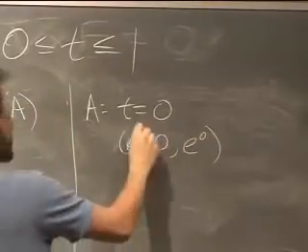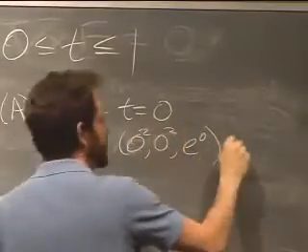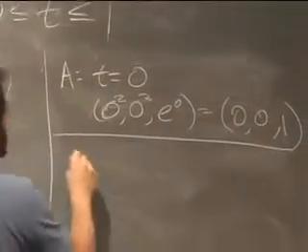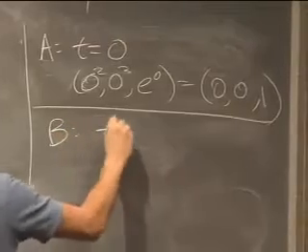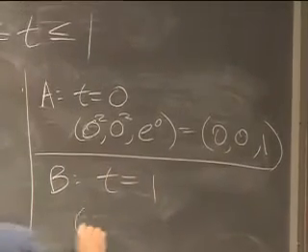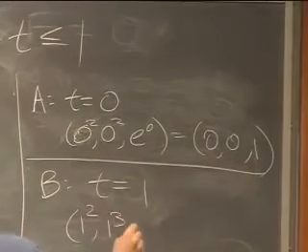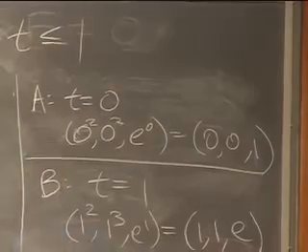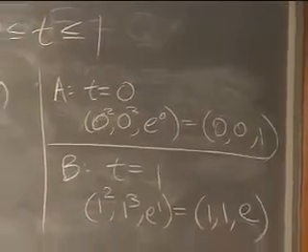Or to be precise, 0 squared, 0 cubed, e to the 0, which is 0, 0, 1. And to get b, you set t equals 1. And you plug that in, and you get 1 squared, 1 cubed, e to the 1, which is just 1, 1, e. So we now know what a and b are, but we do have to find the potential f.